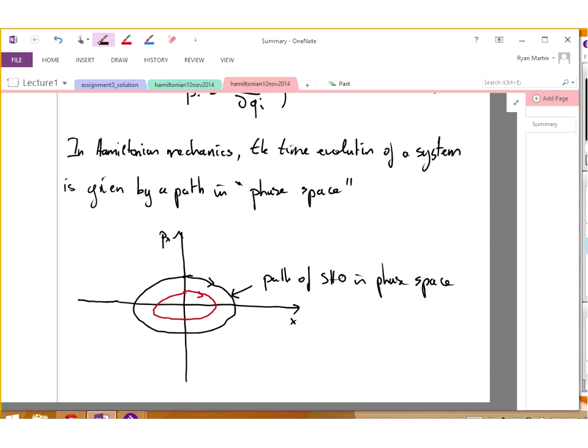And so the path of these systems in phase space looks a lot like the path of an incompressible fluid. So much so that you can actually apply the equations of fluid dynamics to describe this phase space fluid. And that's what Liouville's theorem was that we saw last time at the end of the lecture.